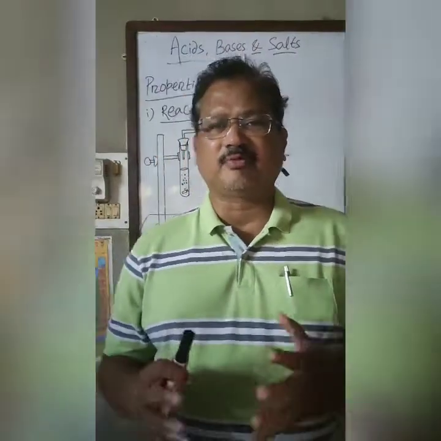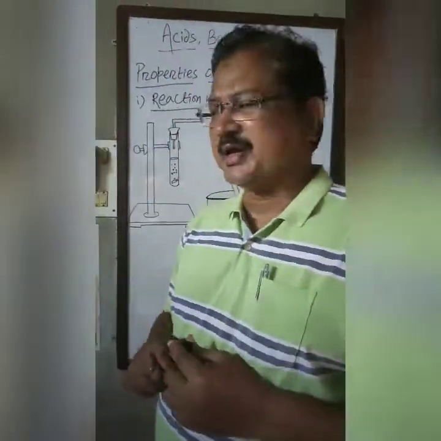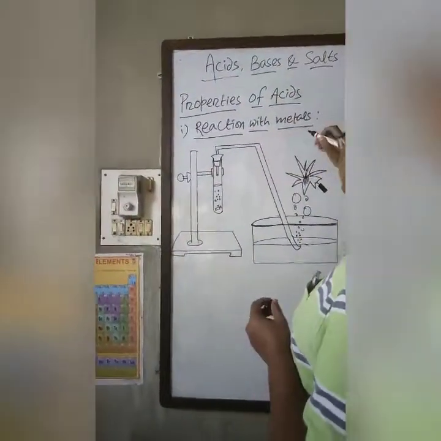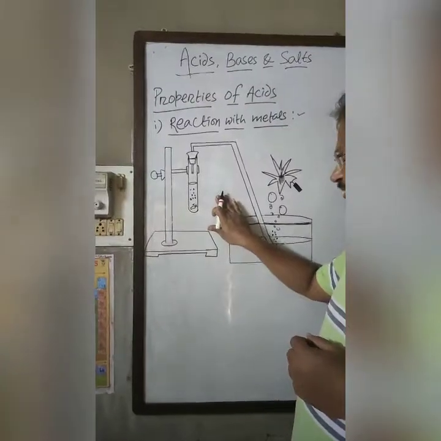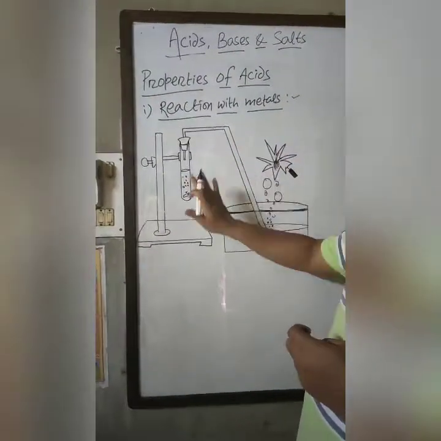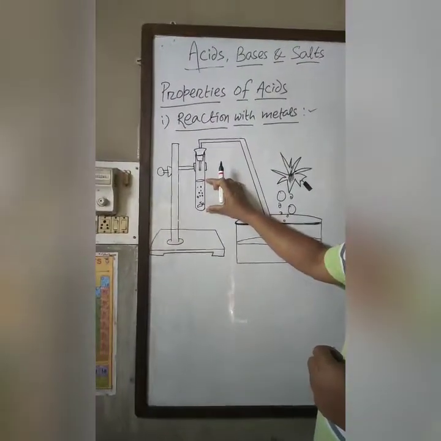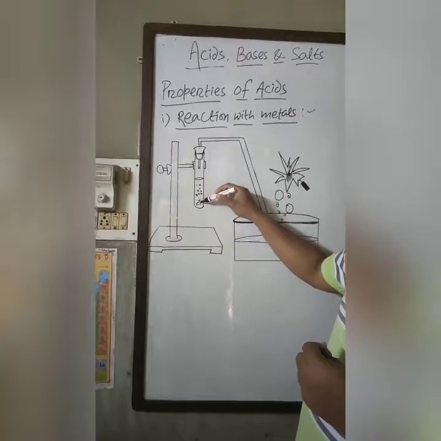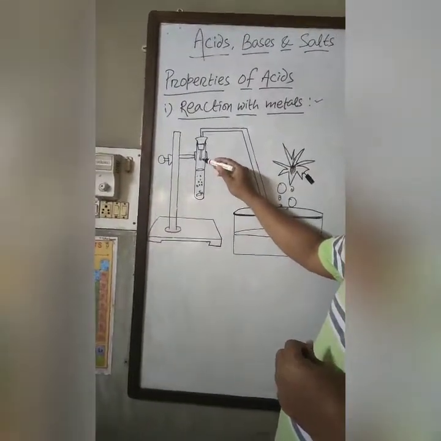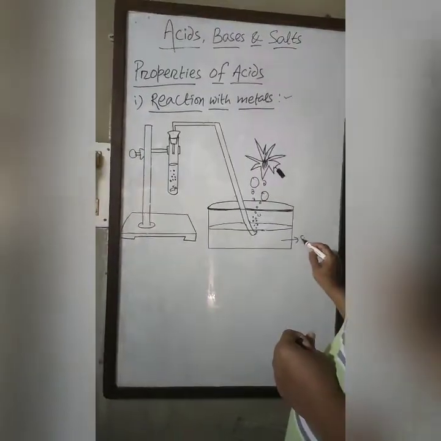There are a number of properties of acids. The first property is the reaction of acids with metals. As you can see in this diagram, an arrangement can be made by taking a test tube. Some acid has been taken, like dilute sulfuric acid, and some zinc granules, and a tube has been fixed here which enters into a soap solution.